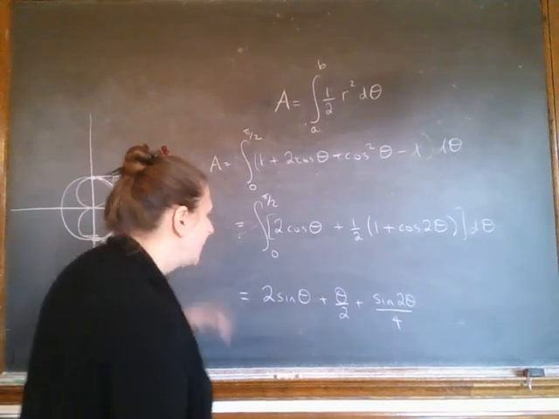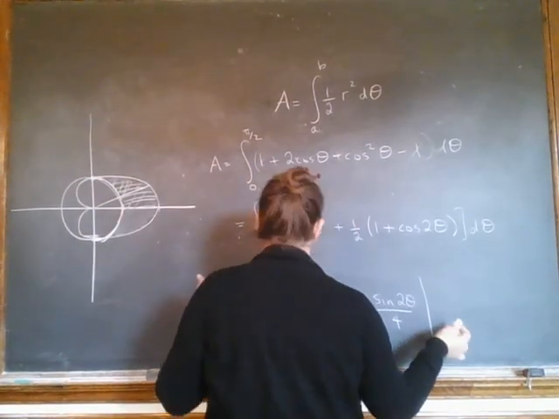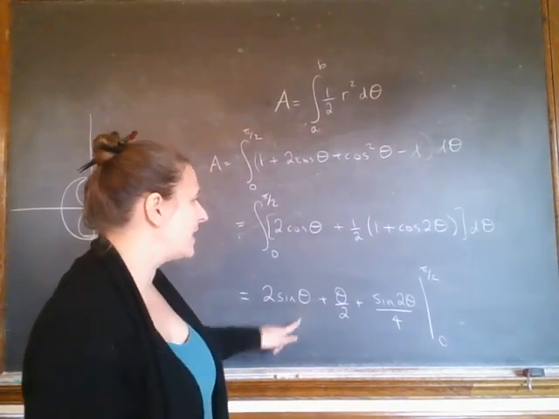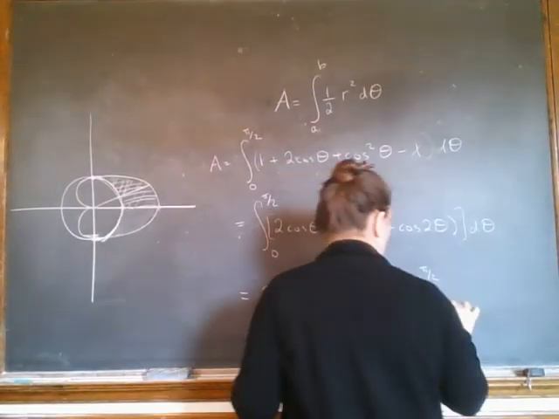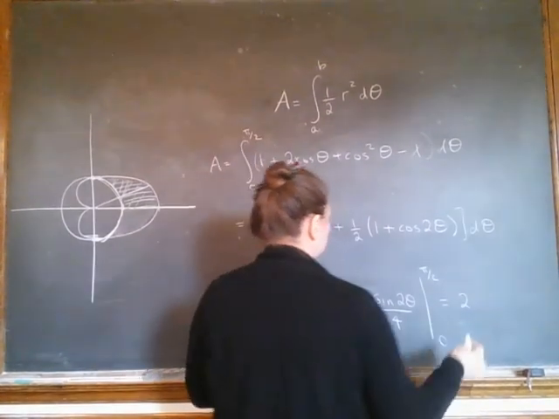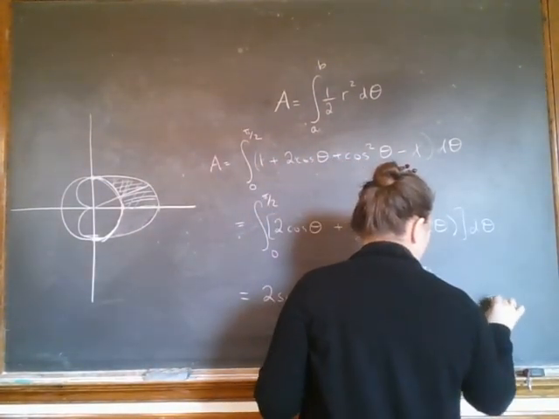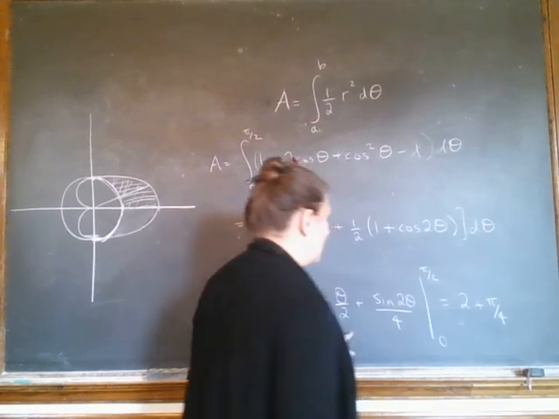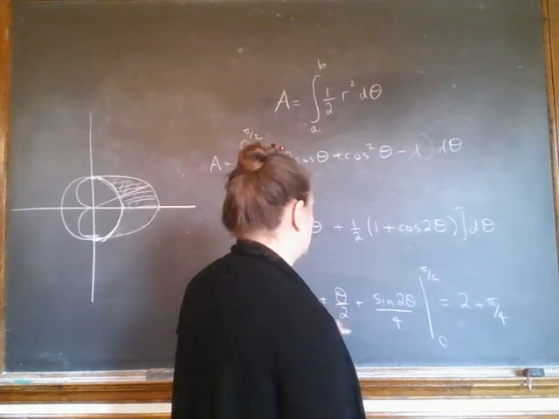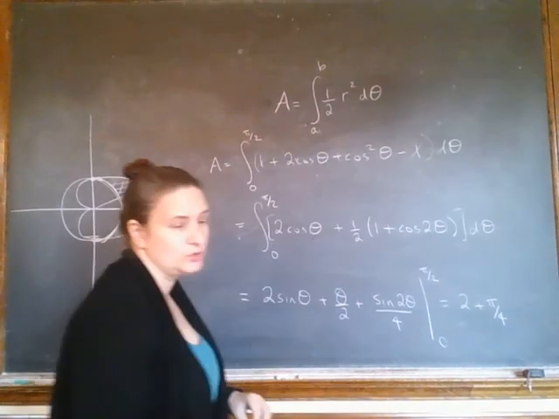But it doesn't matter here, because it's all going to be 0. Sine of pi over 2 is 1, right? So I've got 2, and then I've got pi over 2 here, so I've got pi over 4. Then I've got sine of pi, which is 0, and then 0, 0, 0. So that just turns out to be that.